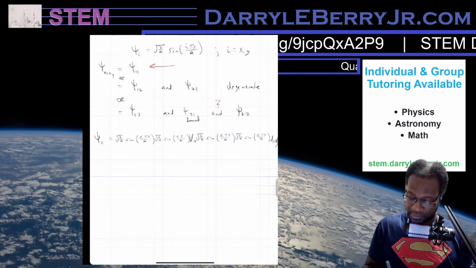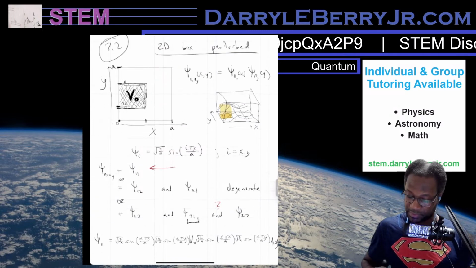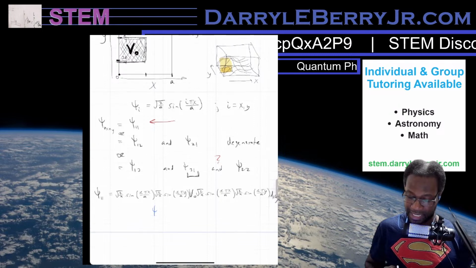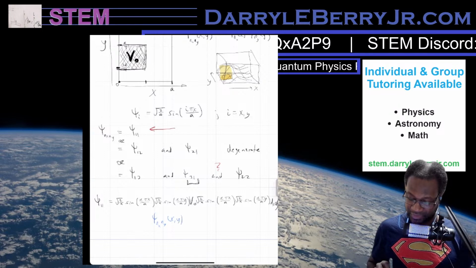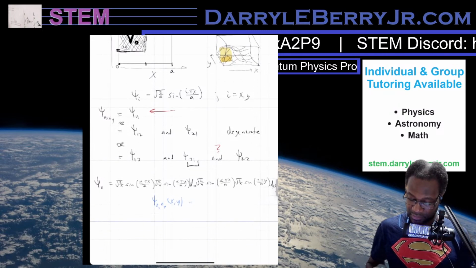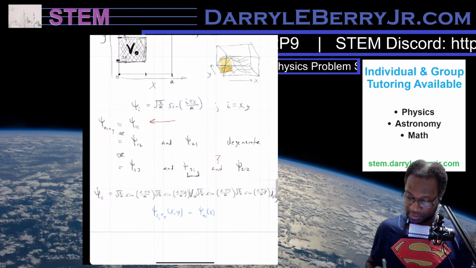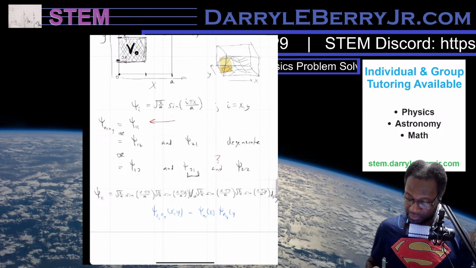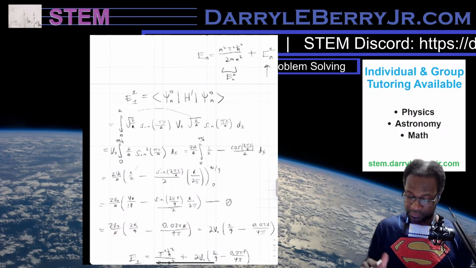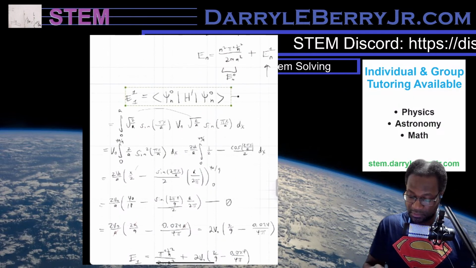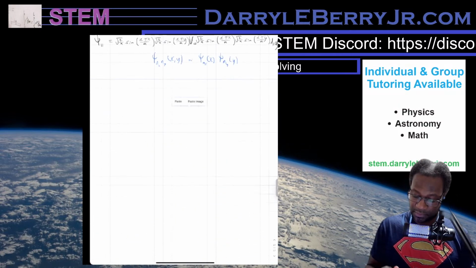So what we have is, as we wrote up there, psi in a two-dimensional box is in x and y. So one side is going to be whatever psi of nx we're going to do, x, and one psi of ny we're going to do, y. So we know from the first problem that if the energy is non-degenerate, the perturbation is going to be this, the change to the energy.